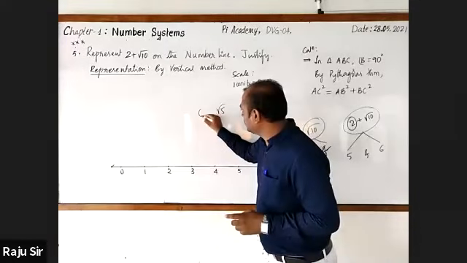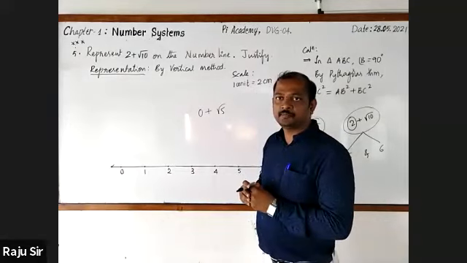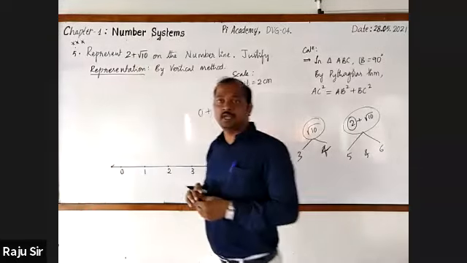Yes, sir. Here, 0 was there. 0 plus root 5 is root 5 only. Now we are given 2 plus root 10.